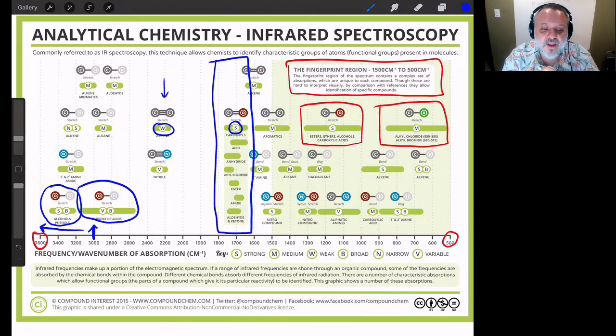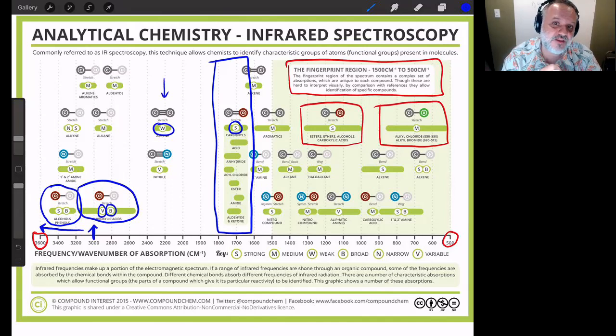An OH stretch is both strong and broad for an alcohol. For a carboxylic acid, it's broad, but it varies. You're not going to miss the fact that there's a signal there, but it may not be as strong as an OH by itself. And that's because there's going to be some resonance involved with the carbonyl group as well.